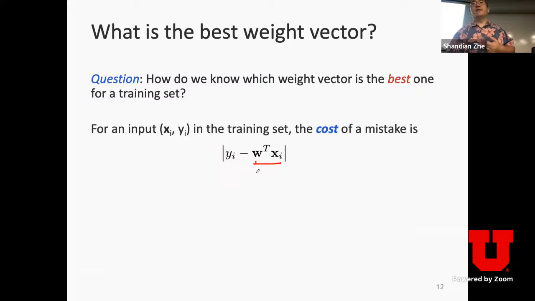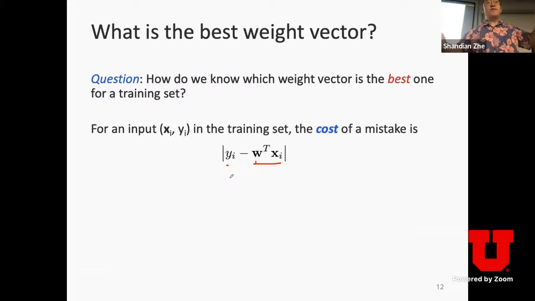Obviously, the larger the deviation from the ground truth, the worse. So we can make an analogy: this difference between the ground truth output and my prediction is like the cost of making a mistake. You make a mistake, and then you have to pay some cost. And the larger the difference between your prediction and the ground truth, the more cost you should pay.